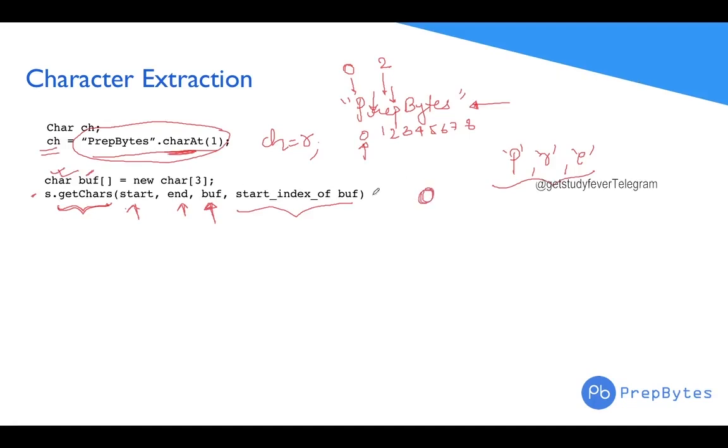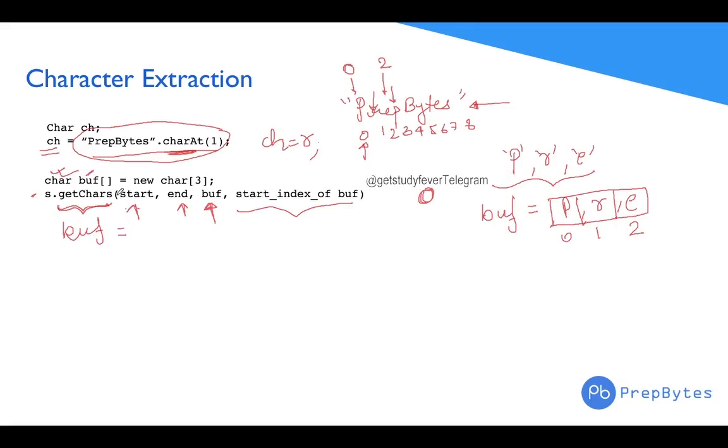So after this operation, we will have a character array buff with p, r, e starting from 0. This is how you can extract a few characters from the string and store them in an array.